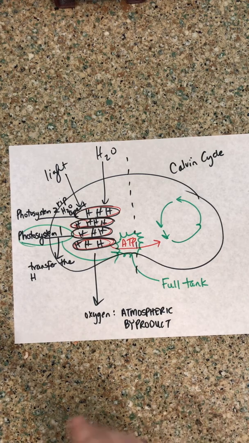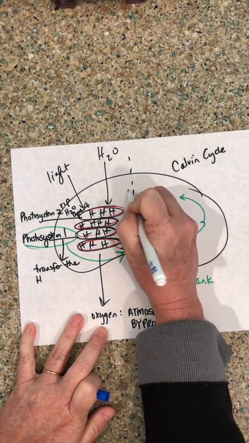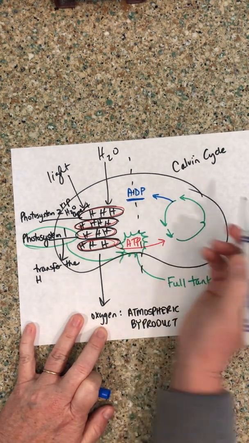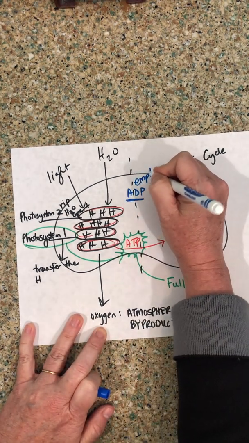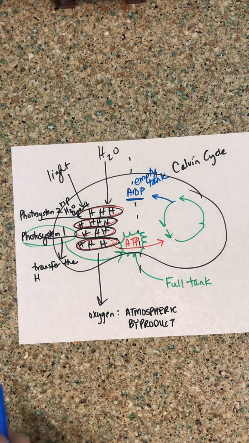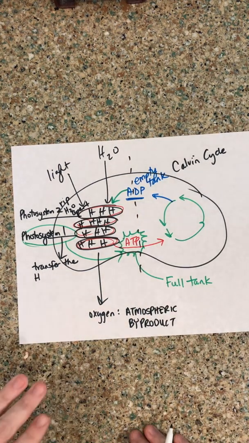So as the Calvin cycle runs and happens, it's going to use up that ATP. When ATP, its energy gets used up, it becomes something called ADP, okay? And ADP is an empty tank, or almost empty, okay? So we're getting really close. So we got to head back over here to our gas station to refill.